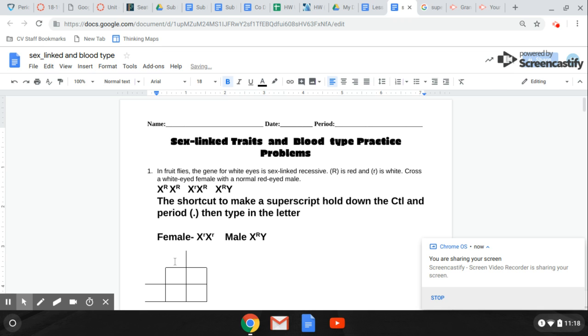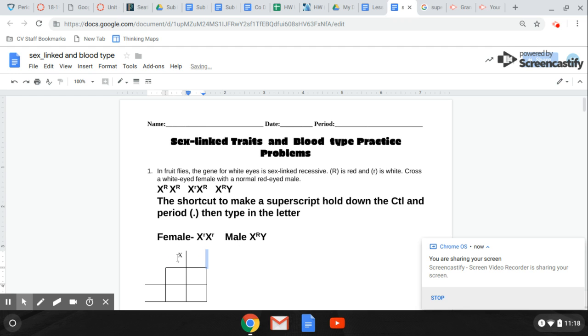And now we're going to do our cross. So I'm going to write my female genes up on top. And again, it doesn't really matter where you put your male or female genes, as long as you put your females on one side and your males on the other, you guys should be good. Okay, so I'm going to go Control period and that little r. Oh, that looks funky. Give me a sec. There we go.